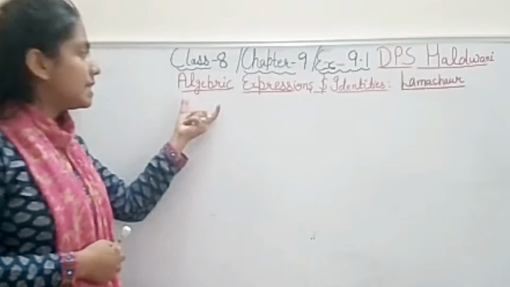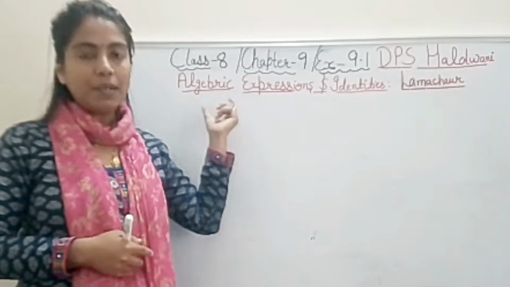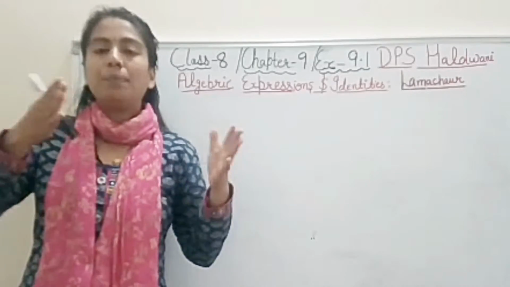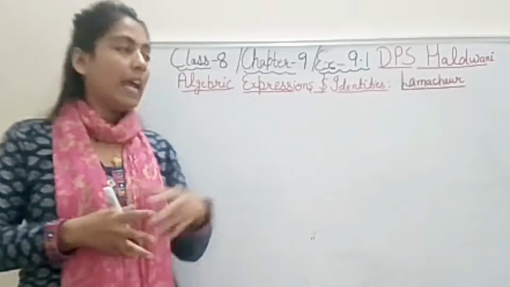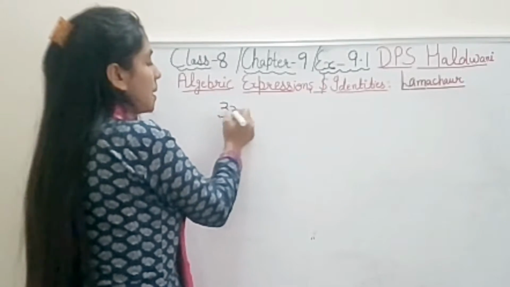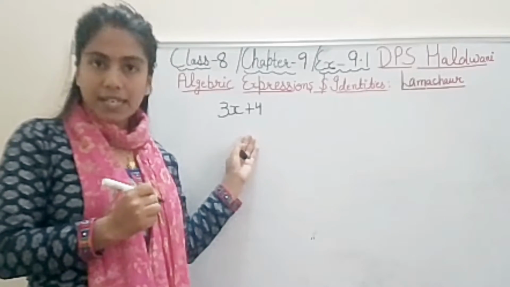Now come to algebraic expressions. Students, in algebra, a term like ax plus b means we have a constant and a variable term together. And what is an expression? 3x plus 4 is an algebraic expression.